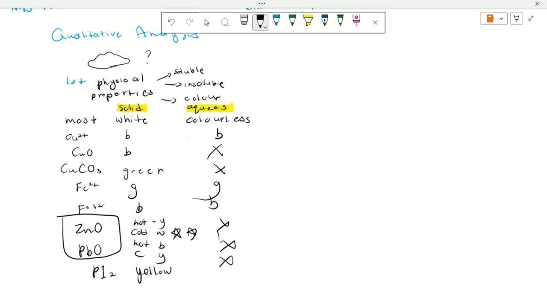So if you're done checking the physical properties, what's the next step? The next step is to use the action of heat on salt.